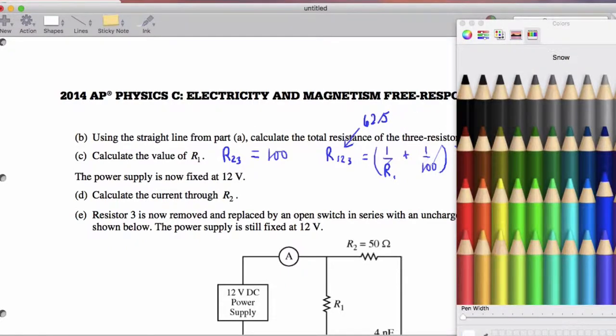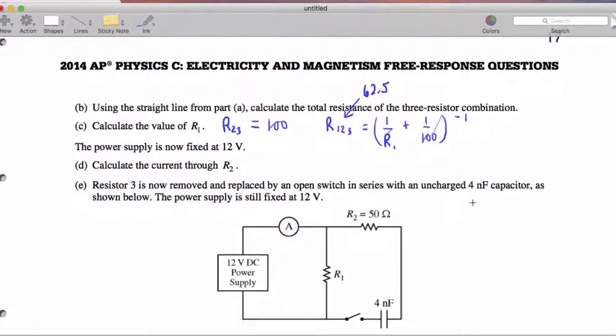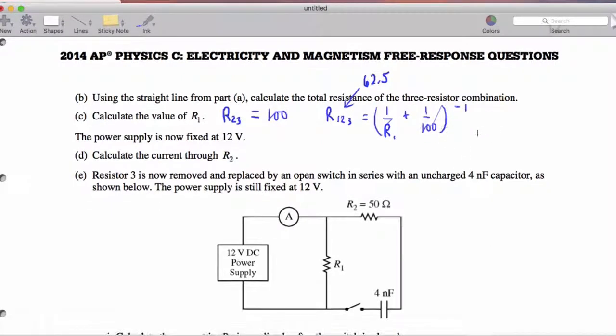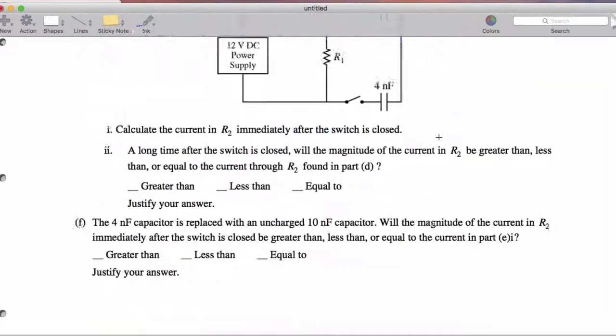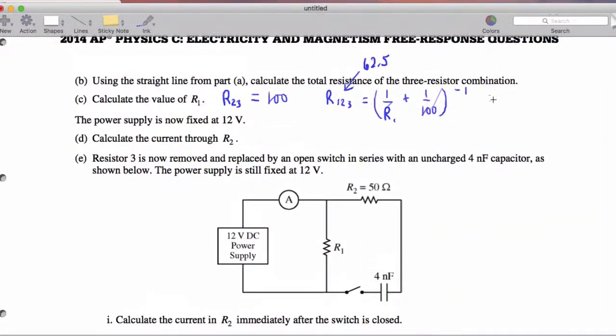So what we can say using this math is, I'm going to actually continue this right here for part C. I'm going to say 1 over 62.5 minus 1 over 100 equals 1 over R1.